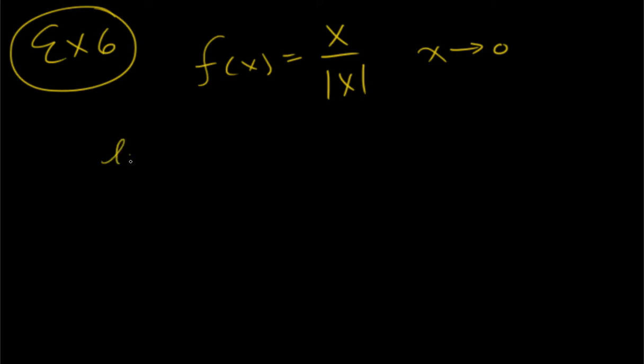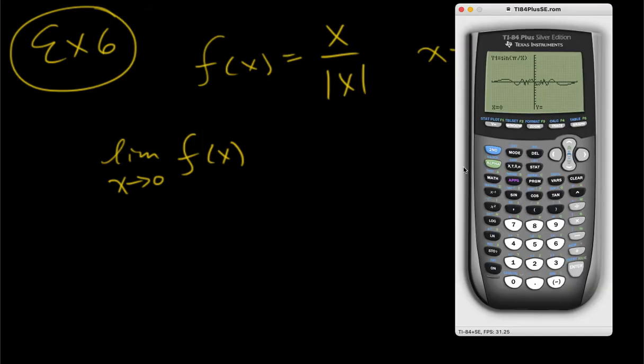And then it's asking, does the limit as x approaches 0 of f of x exist? So to do that, we should graph it. And this one I think will be pretty obvious what's going on. We'll see how it looks on here.